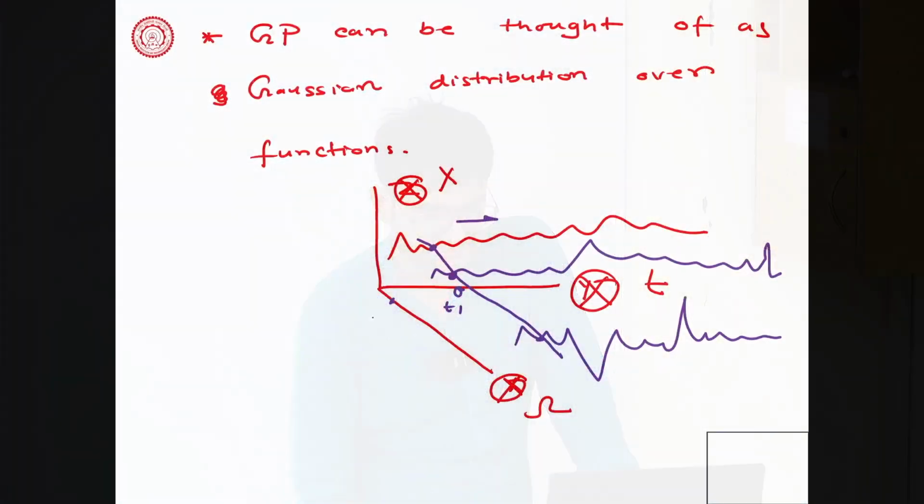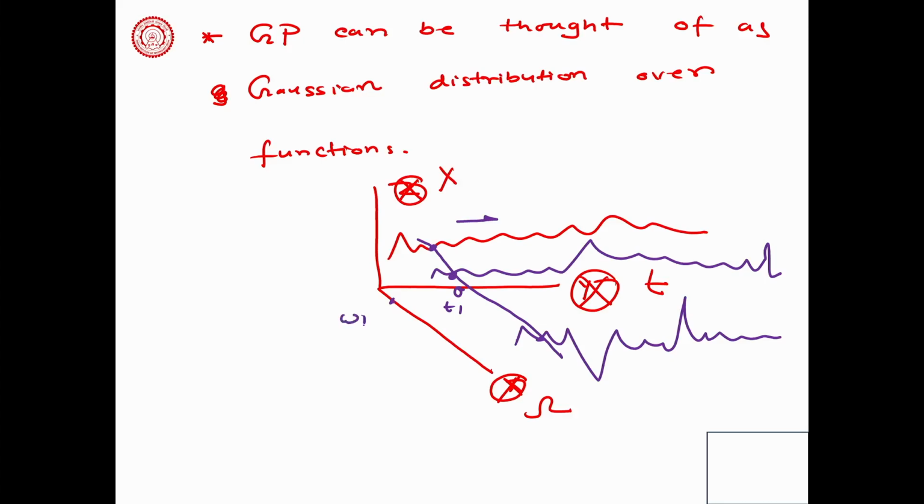If I go in this direction and select some omega, let us say omega 1, what will that represent? So, now omega is fixed, but time is changing. So, I will get a deterministic time series.